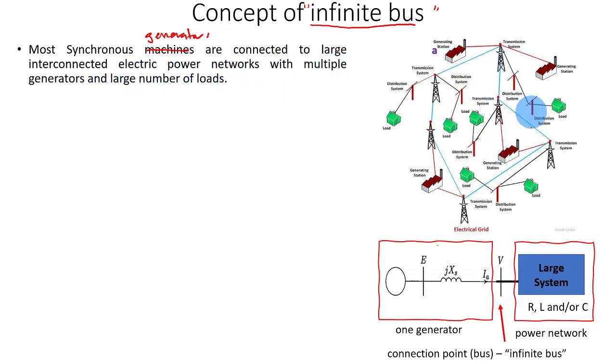You can see in this picture, a simplified picture of an interconnected system, where you have a few generating stations here and here, and this one and this one. This is only 4, but in Malaysia there are more than 4.